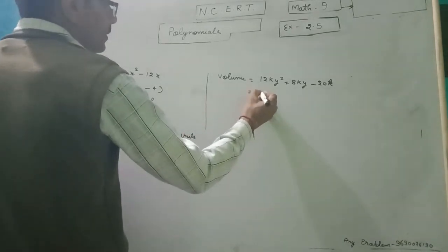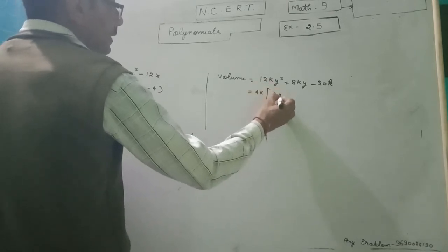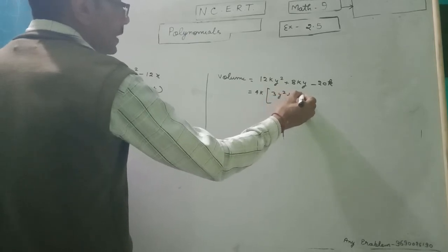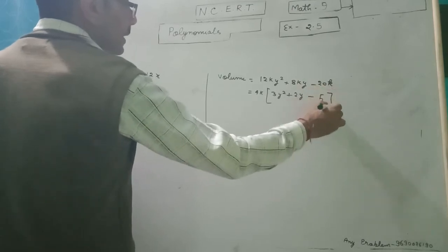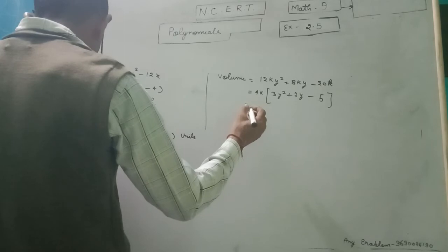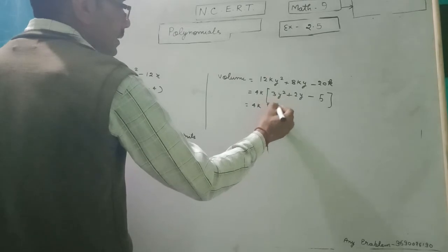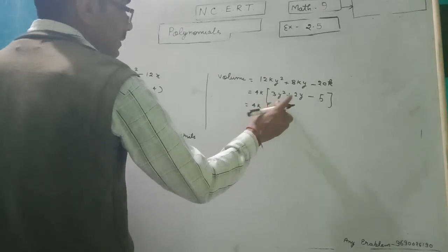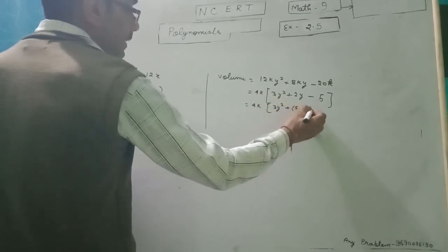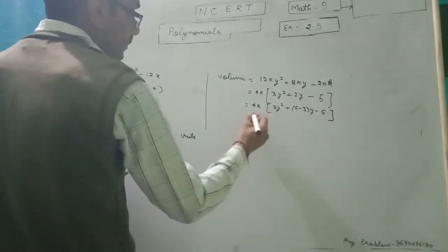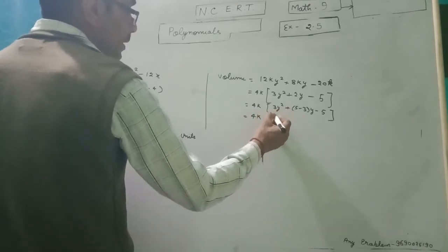4k is common. After common, 3y² + 2y - 5. 5 times 3 is 15. The factors of 15 will be 5 and 3. 4k common: 3y² + 5y - 3y - 5. Remove the small bracket.